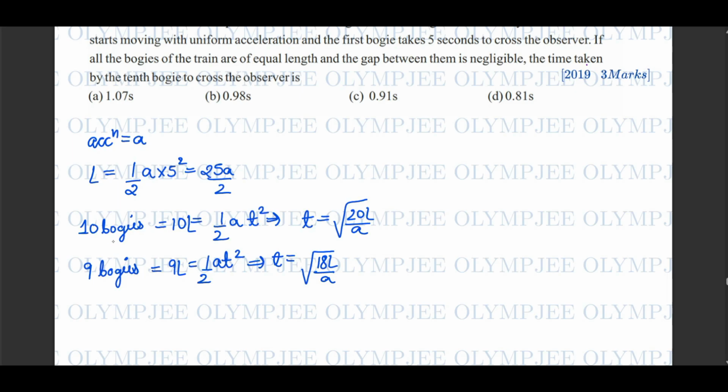So that will be time taken by 10 bogies minus the time taken by 9 bogies. If this is t1 and this is t2, the time will be t1 minus t2. So root 20L by a minus root 18L by a, and we use the relationship that L is equal to 25a by 2, and finally we get the answer as 0.81 seconds. So option D is correct.